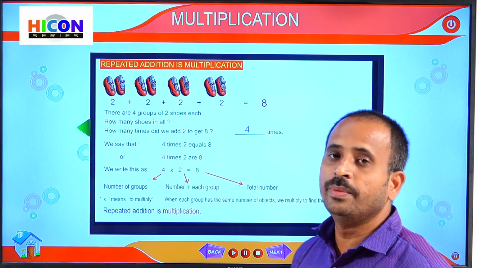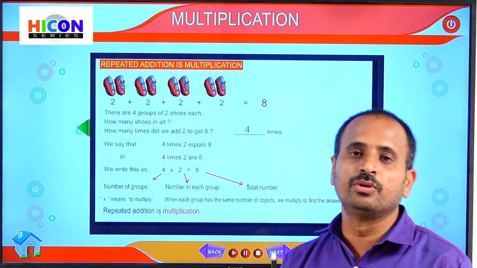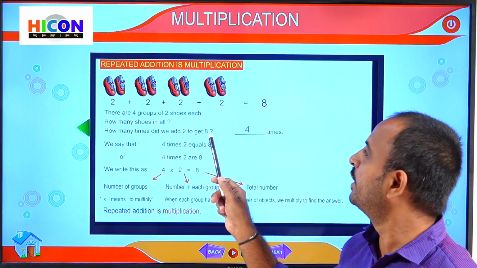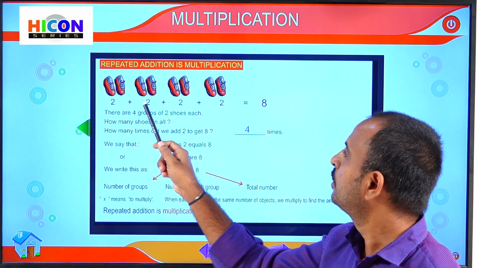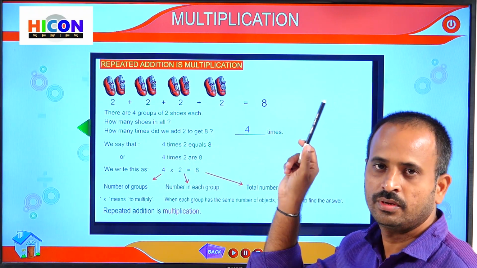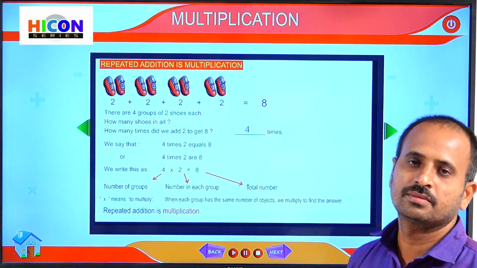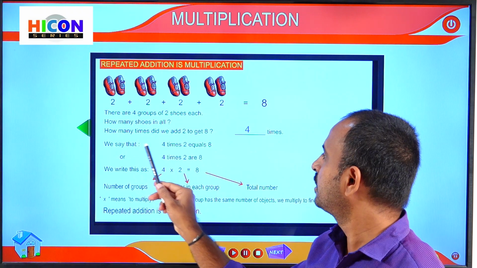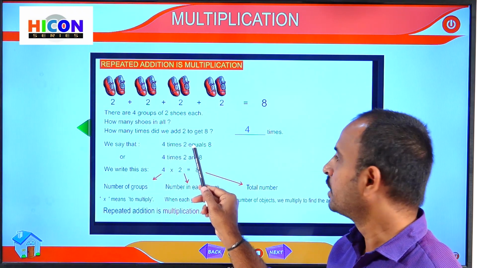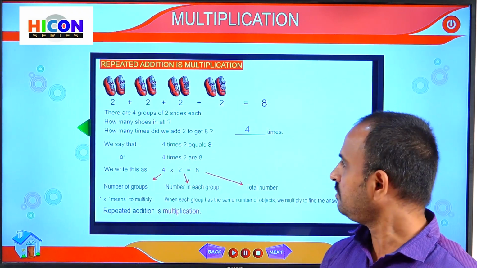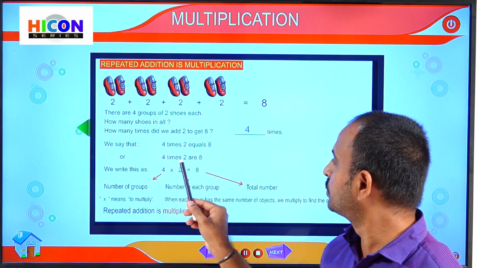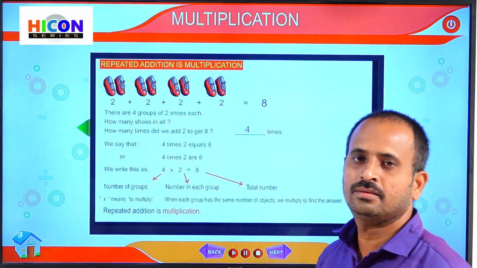That means how many times did we add 2 to get 8? How many times have we added? 1, 2, 3, 4. That means we have added the number 2, 4 times. So we say that 4 times 2 equals 8.